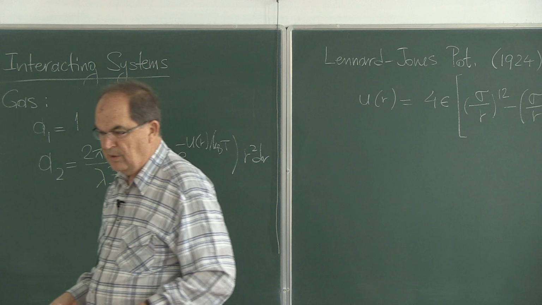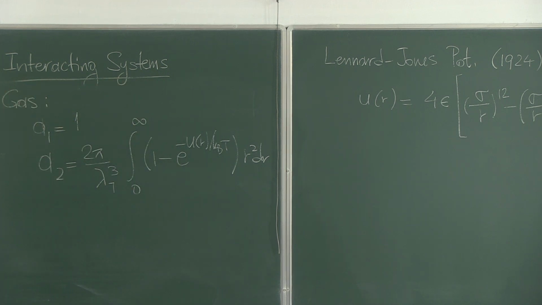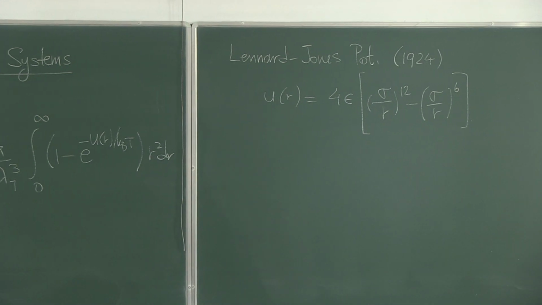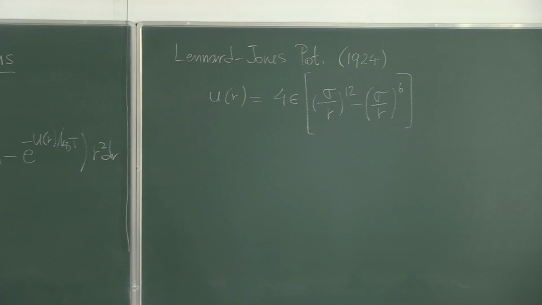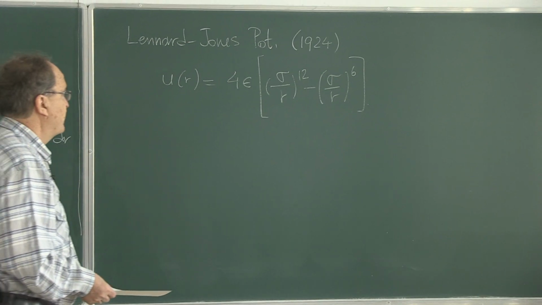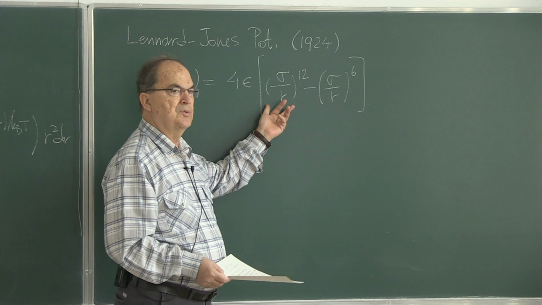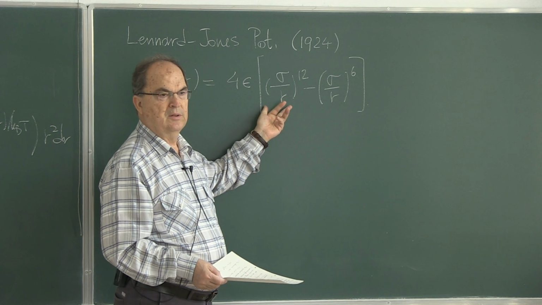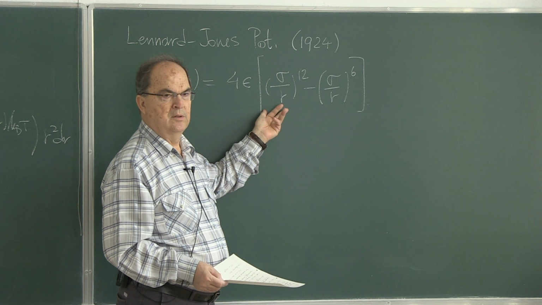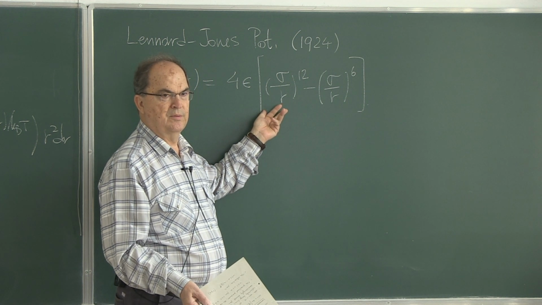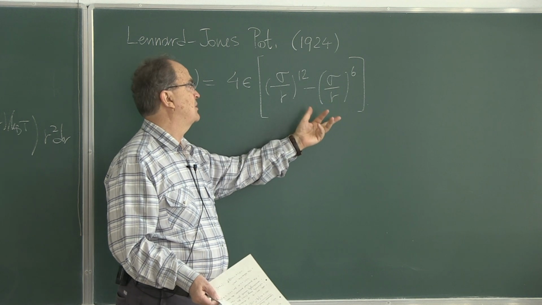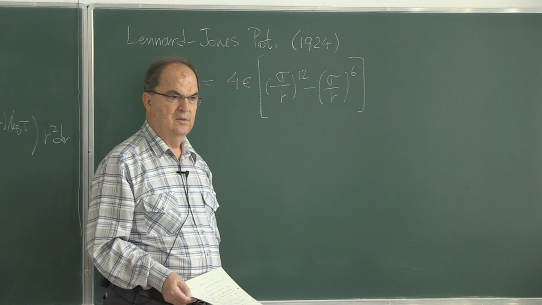This is also known as the 6-12 potential, referring to powers of 1 over r, isn't it? This term corresponds to what? Attraction or repulsion? Repulsion is positive. That's the negative term, that's the attraction, sorry. Okay?